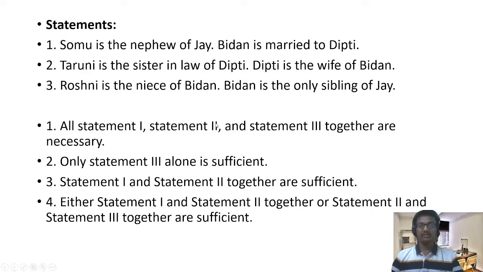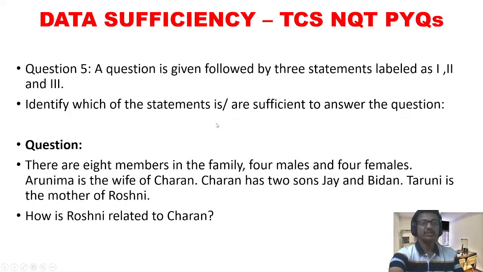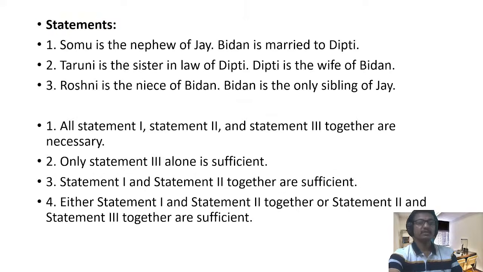This is the question given, and you can send your answer in the chat or comment section of this video. If this is the question and these are the statements given, what is the answer for this question? Send your answer in the comment section of this video.